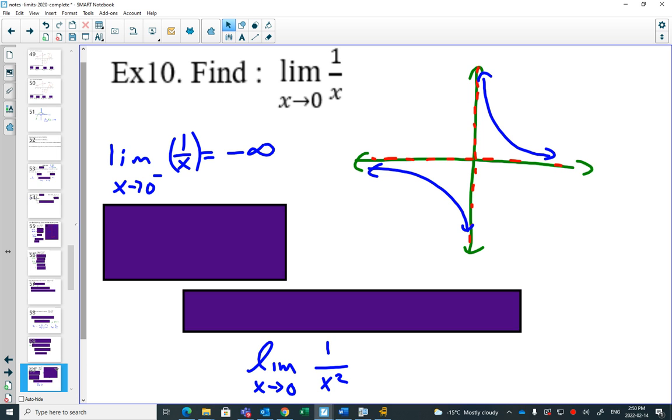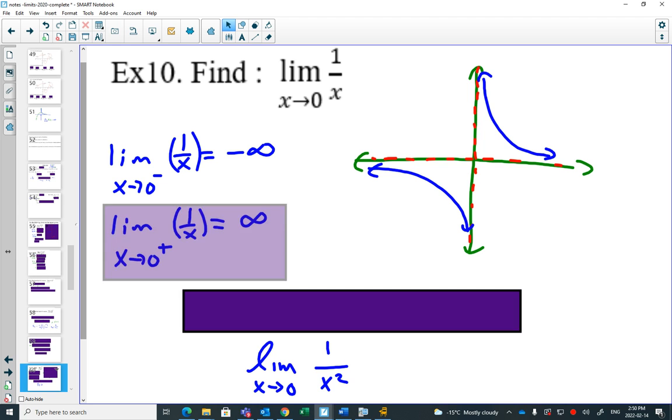We would say the limit as x goes to 0 from the left side is negative infinity.